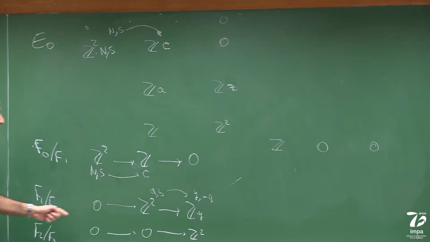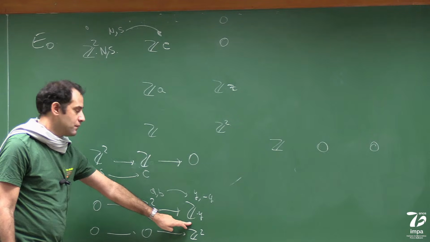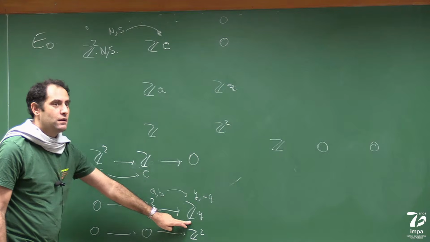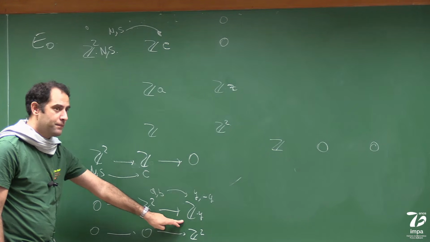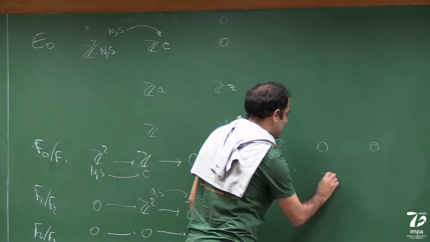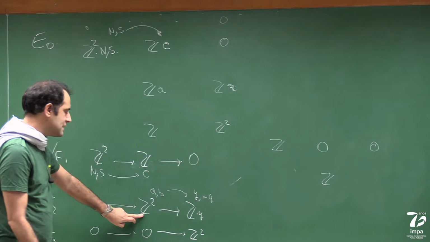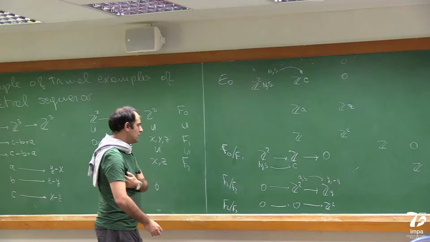In here, same reason. I have A and B. And this map is surjective. A goes to Y, B goes to minus Y. So A plus B is something that is going to go to the kernel here, and it's not in the image here. So this is going to have a Z here, which is bad. I should have computed this in such a way that I only had one guy here, but it doesn't matter.